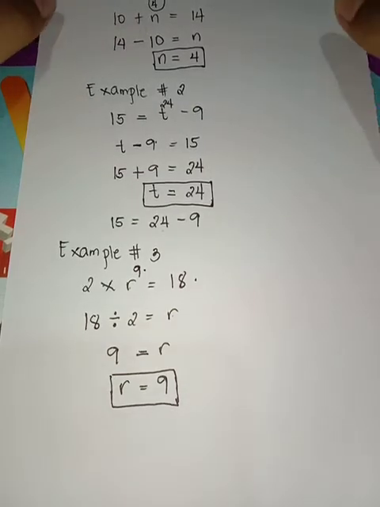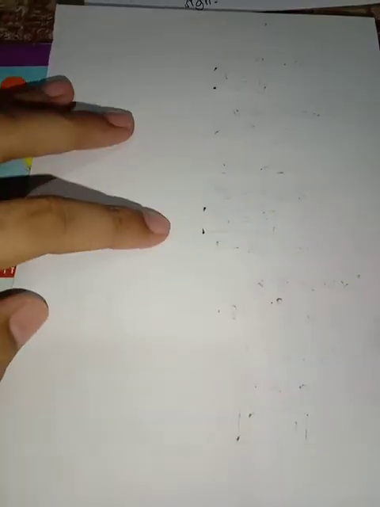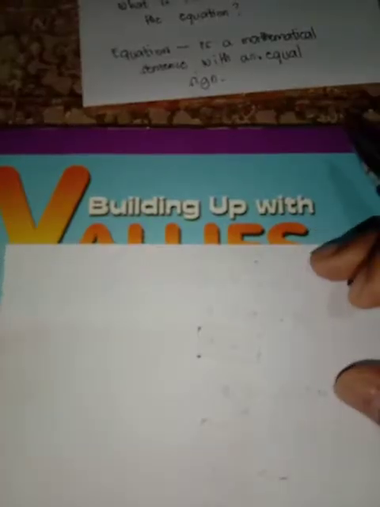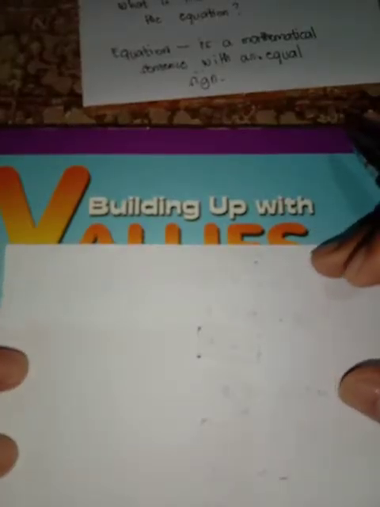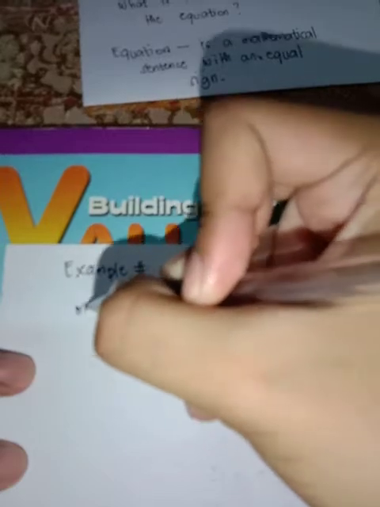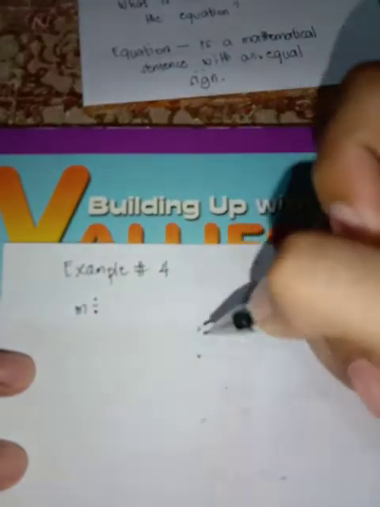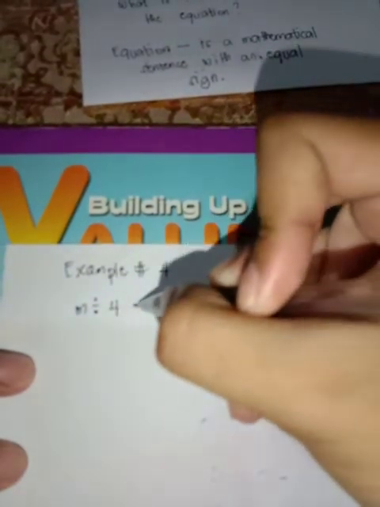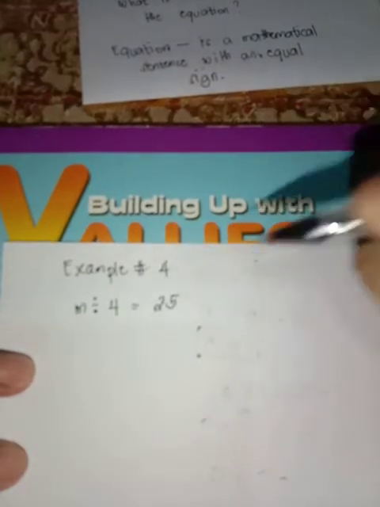Okay, so last example. So division naman. Example number 4. I have here an equation m divided by 4 is equals to 25.